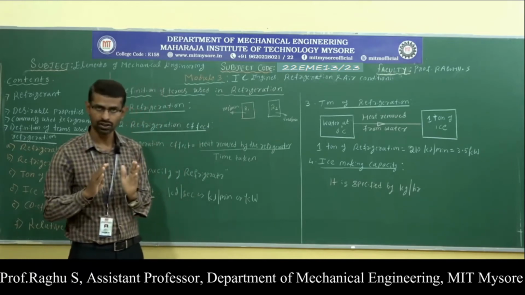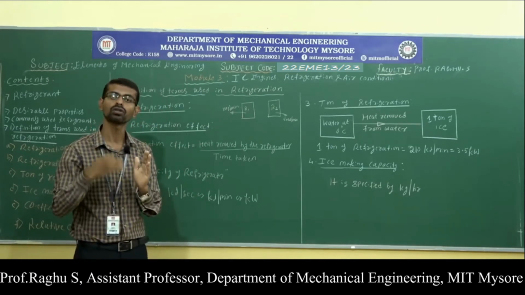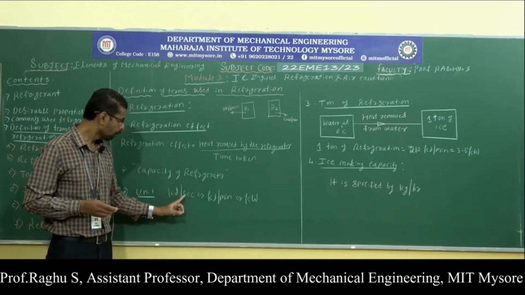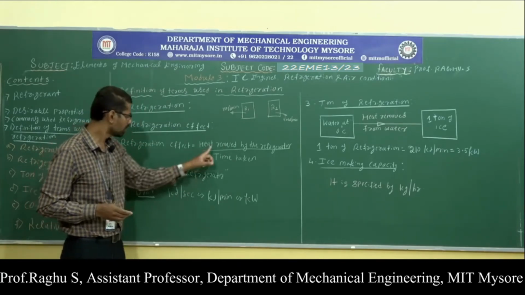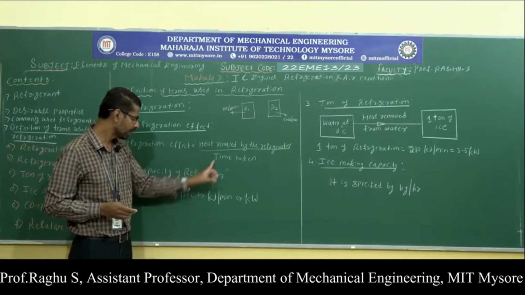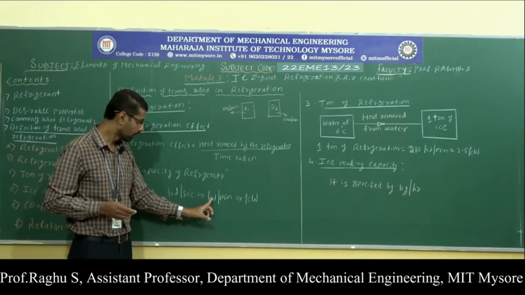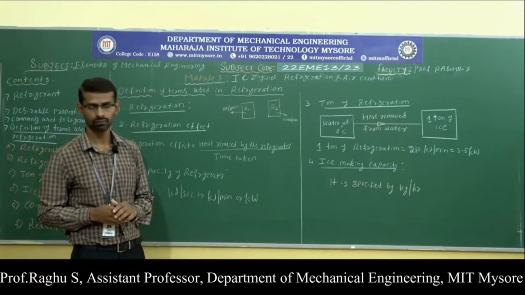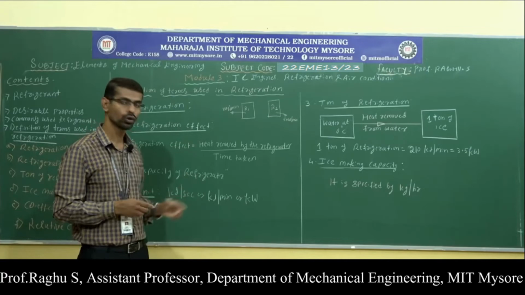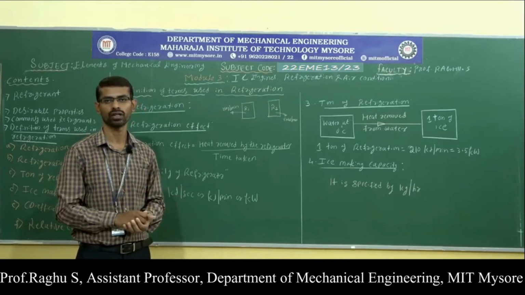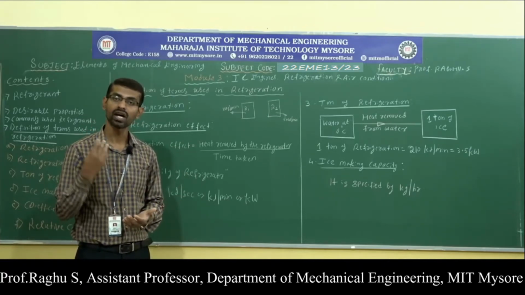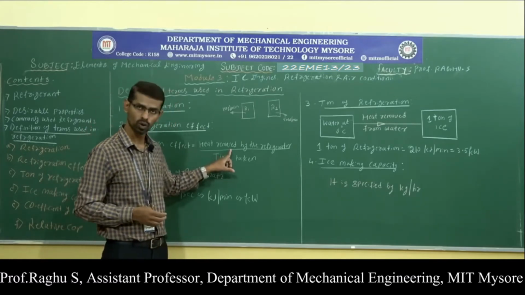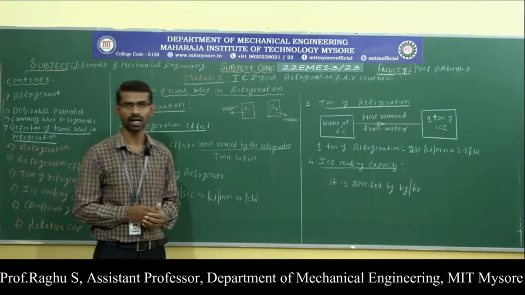The unit is kilojoule per second, as per this definition of heat removed divided by time taken, or kilojoule per minute, or kilowatt. Refrigeration effect is also called the capacity of the refrigerator. Higher capacity means higher cooling effect. Refrigeration effect means heat removed by the refrigerator divided by time taken.